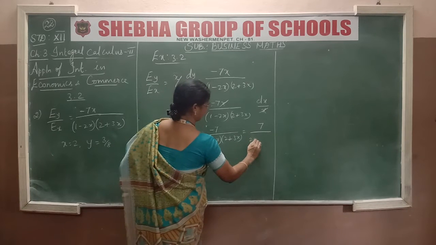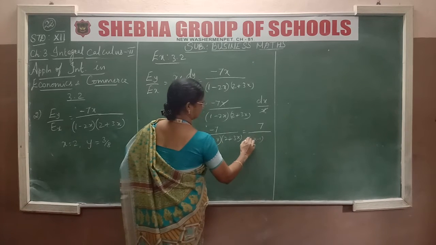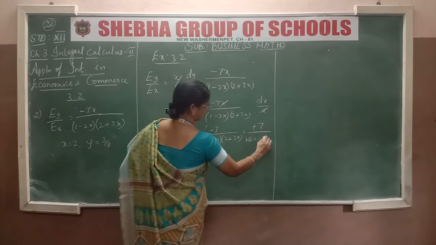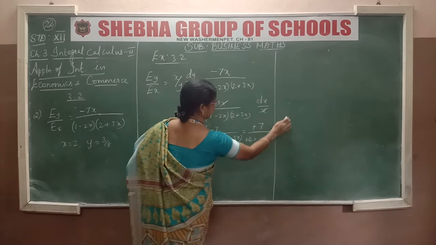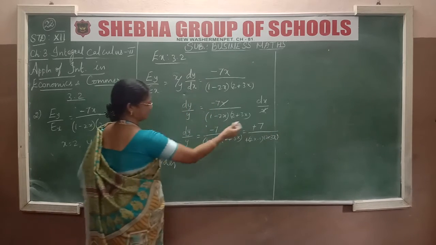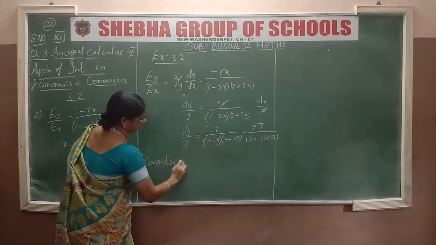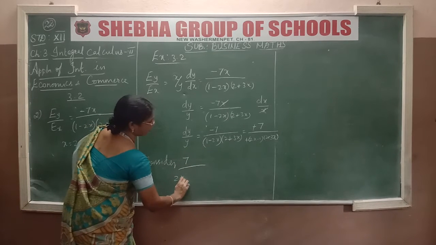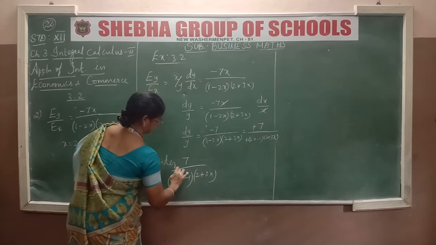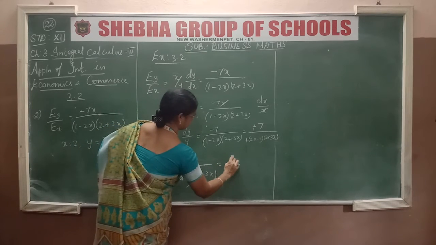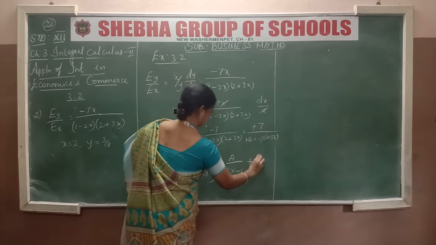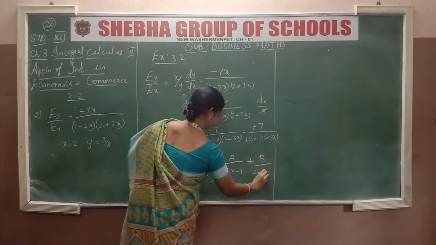We get 2x minus 1, so the minus gets cancelled: 7 by (2x minus 1)(2 plus 3x). Now consider the right-hand side: 7 by (2x minus 1)(2 plus 3x) equals some constants, a by 2x minus 1 plus b by 2 plus 3x.